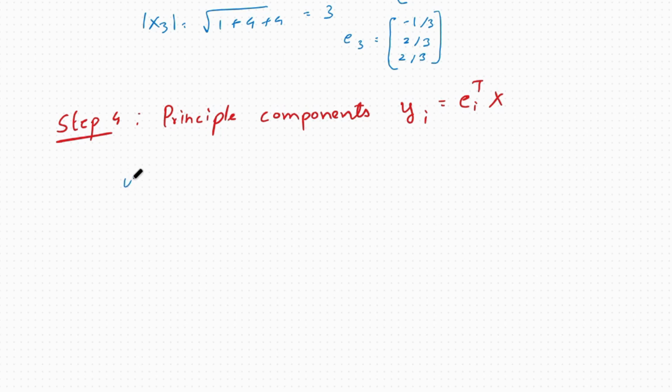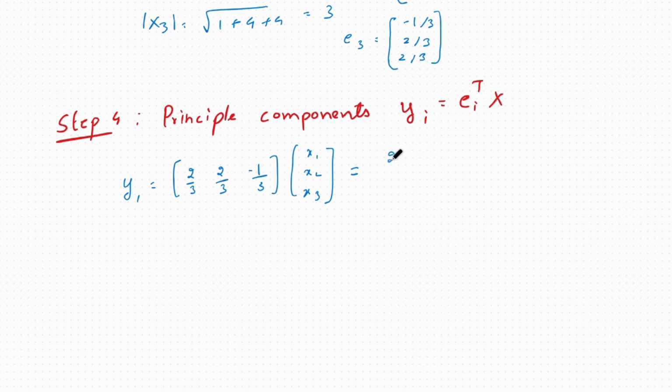So y1 is equal to, when we transpose it, we get 2 by 3, but rows will become columns and columns will become rows. 2 by 3, 2 by 3 and minus 1 by 3 into x, which is the variables x1, x2 and x3. This equation can be written as this.